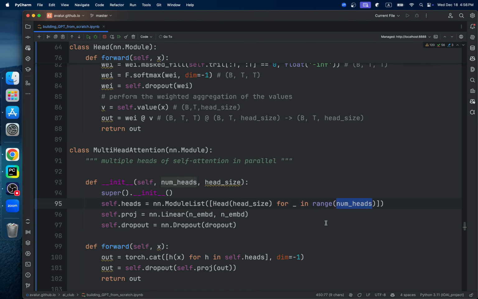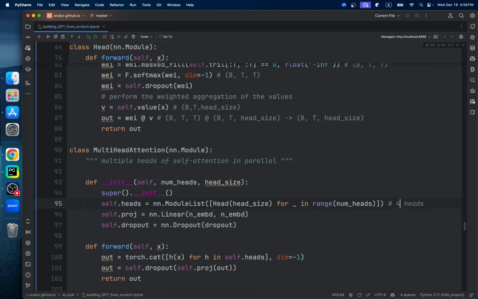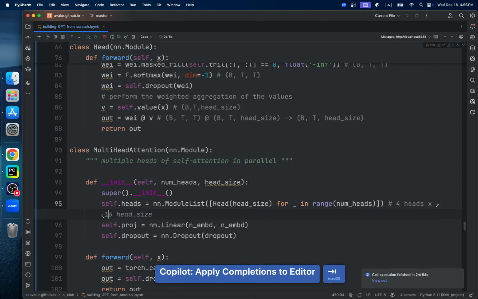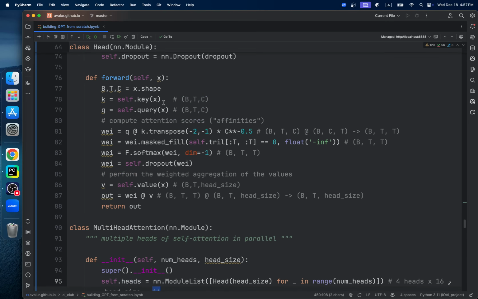So num heads for us is 4, and here we will get 4 heads with 16 head size in each. So it will be 64 elements back after the multi-head attention block. So we return 64 dimension as it was originally.